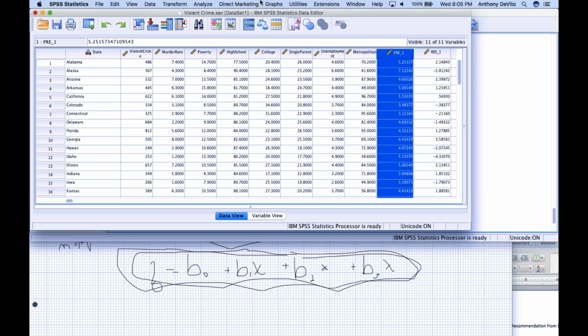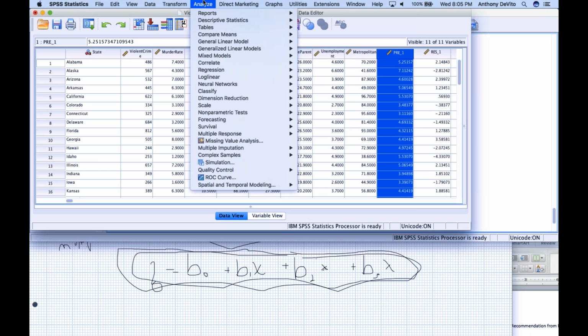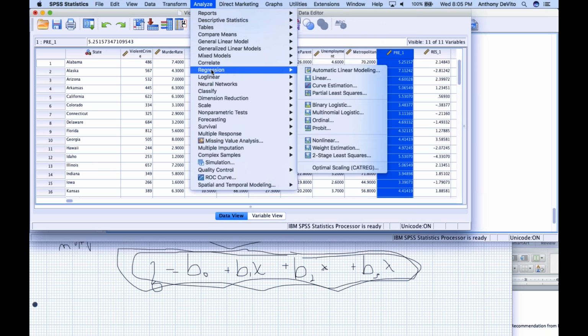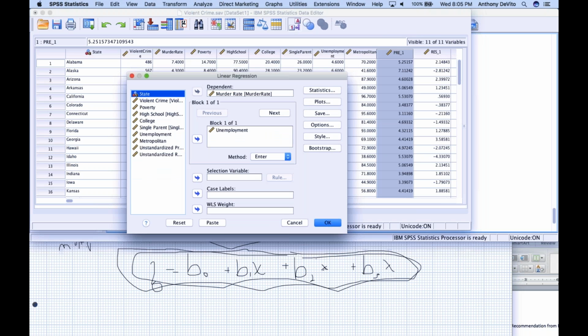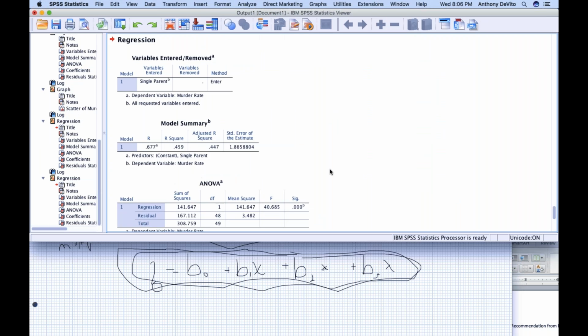Let me try another one. Analyze. I'm just going to go straight to regression here. Linear. Okay, and instead of unemployment, let's take a look at the percentage or the rate of single parent homes and see what kind of association that has. Okay, well, let's take a look at that one.